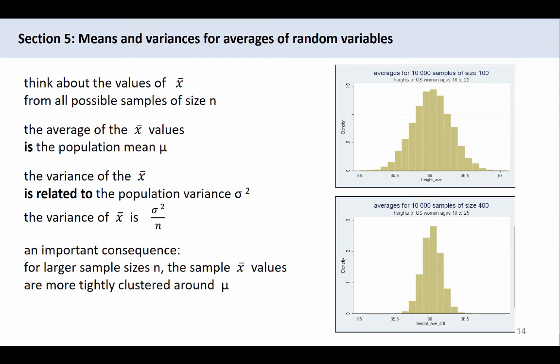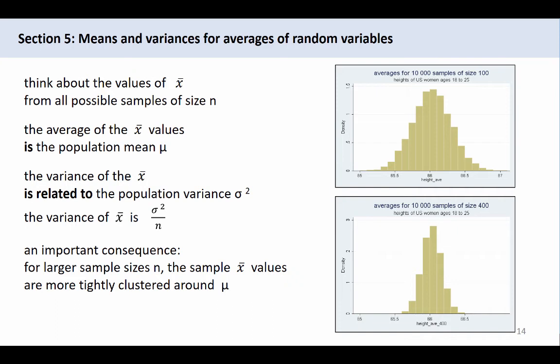And again, we're going to think about all the values of x bar from all possible samples of a given size n. It's going to turn out, although it's going to take us a little algebra, that the average of the x bar values is the population mean mu, and the variance of the x bar is related to the population variance sigma squared.